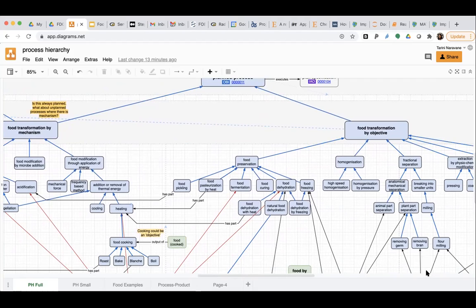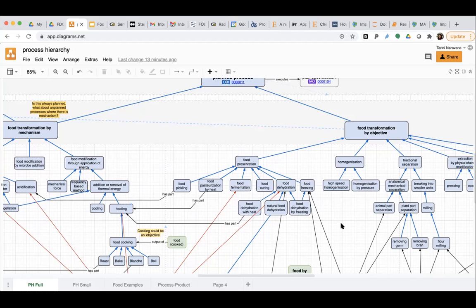Yeah, there's going to be a polyhierarchy here. So some things that look like transformation by mechanism, the mechanism would be a mixer or some technology to homogenize, but homogenization itself may also look like it's a mechanistic term. Fractional separation in the same way looks like a mechanistic term, right?